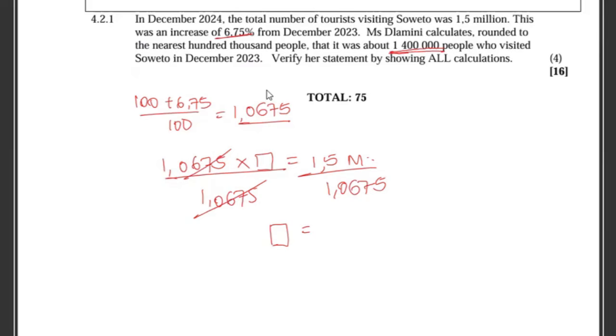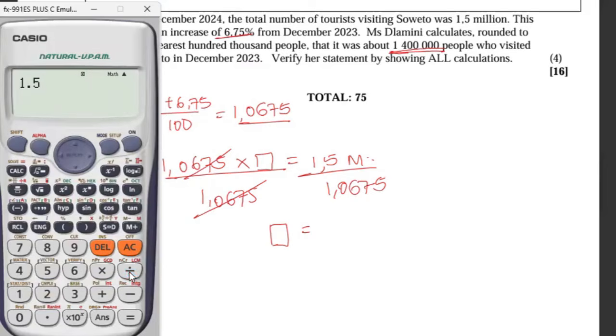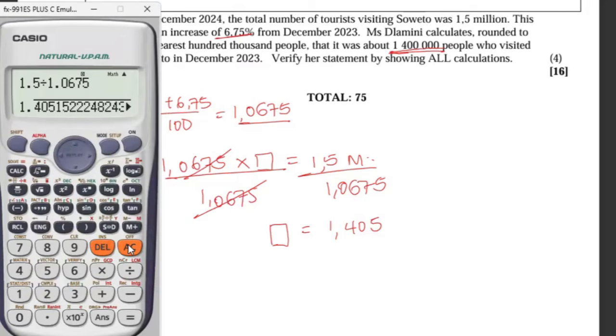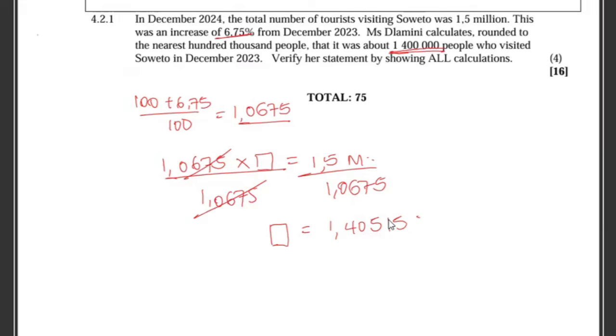So what do I do? I pick my calculator there. I'll take 1,5 divided by 1,0675 equals. So the answer equals that. You see that? 1,405 0515 2 2 4.